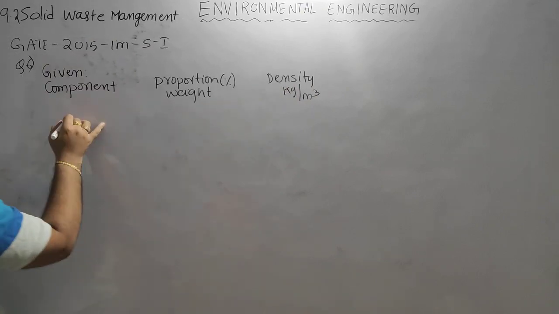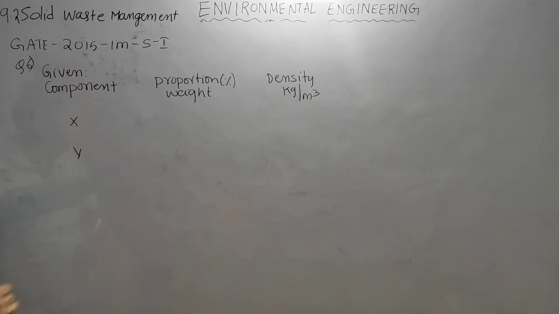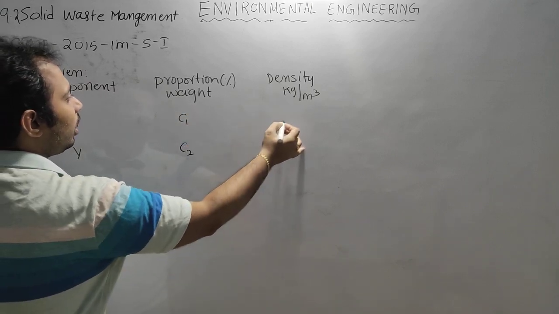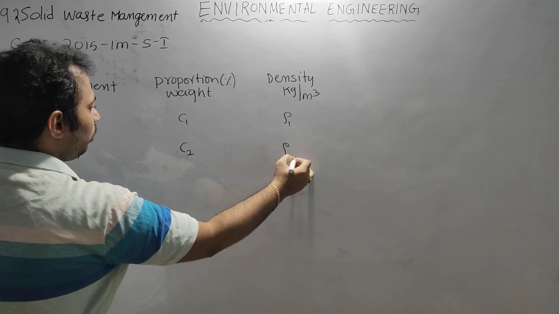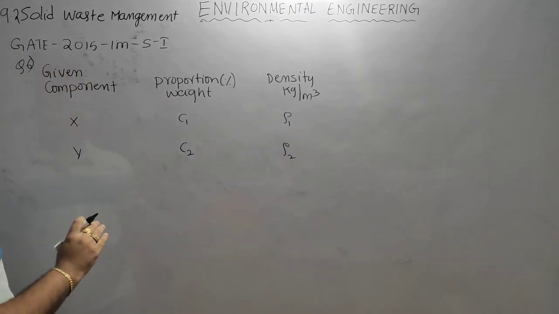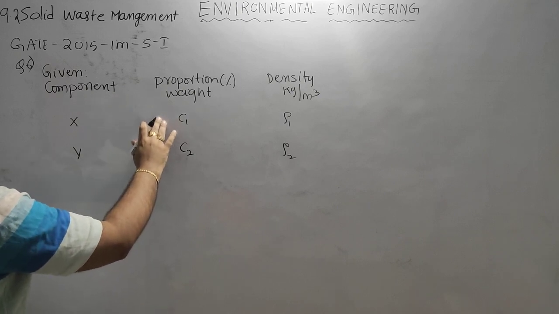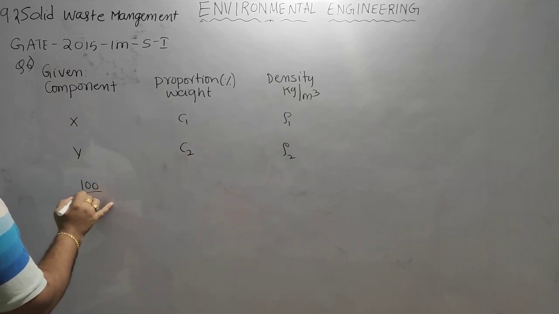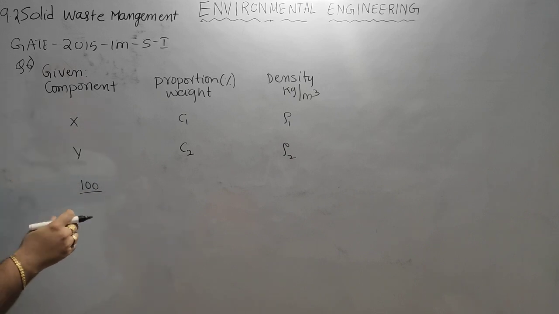So what are the components? X and Y, two components are there, and their compositions are C1, C2, and their densities are rho 1 and rho 2. So I already told you in the previous sessions, when composition and densities are given, what is the formula we need to use to find the density of the composite material?